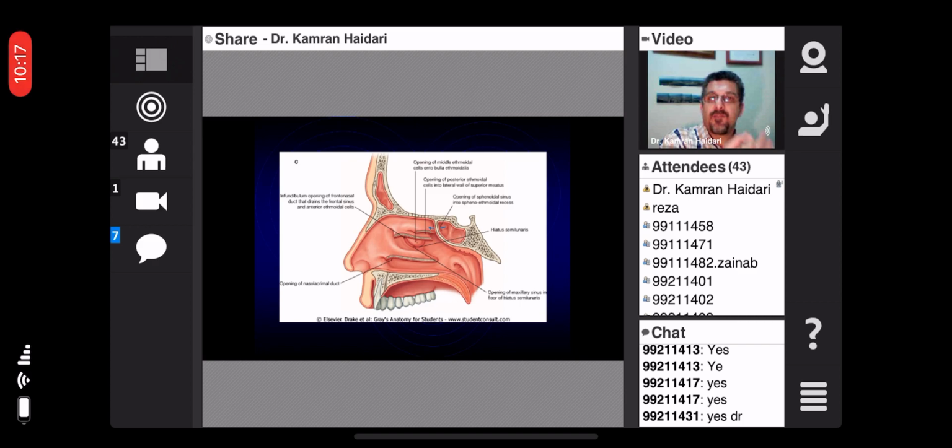Inferior part of the lacrimal sac is the commencement point or superior end of nasolacrimal duct, and the lower end of the nasolacrimal duct is located here, inferior meatus, the space under cover of inferior concha.